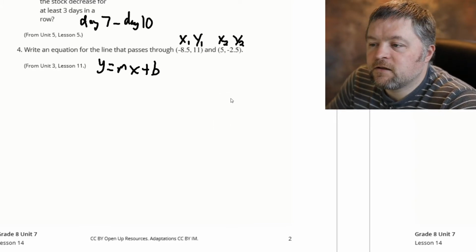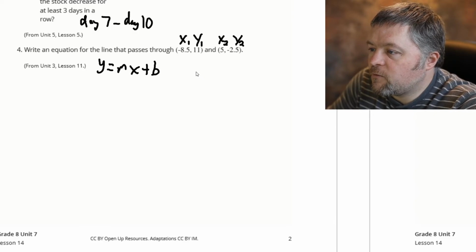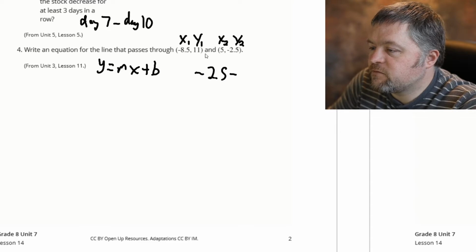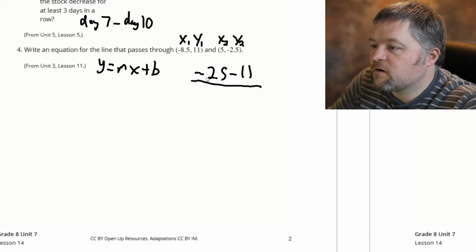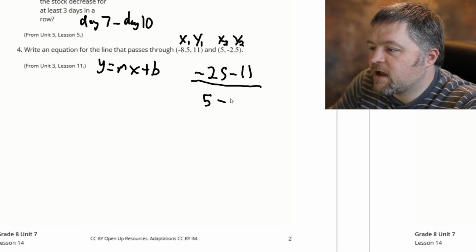Second point. We need to use our slope formula, which is y2 subtract y1, negative 2.5 subtract 11, over x2 minus x1, 5 subtract negative 8.5.